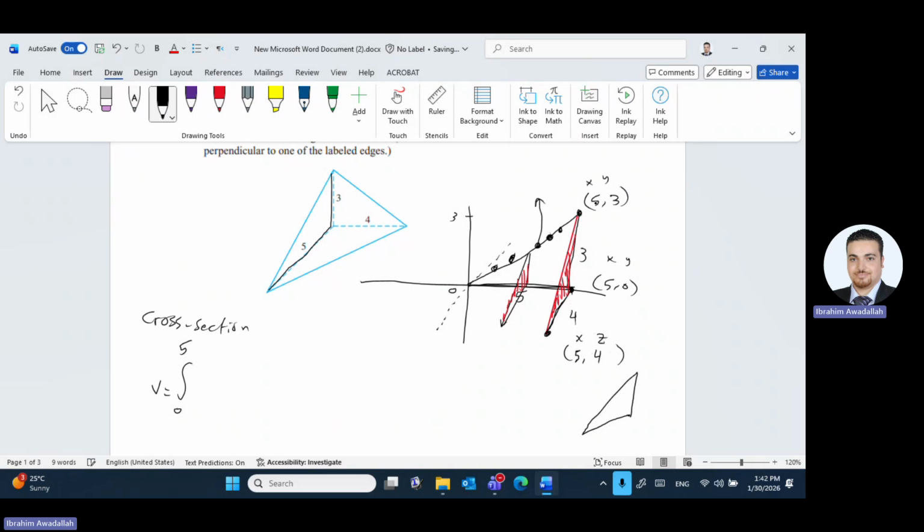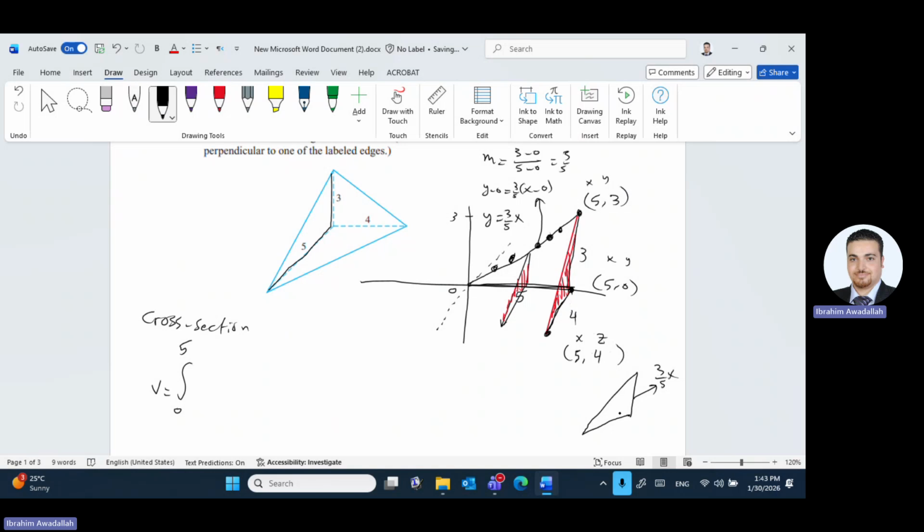How? 5 and 3. That means m equals 3 minus 0 divided by 5 minus 0, which means 3 over 5. So y minus 0 equals 3 over 5, x minus 0. So y equals 3 over 5 x. As you see, the highest here is 3 over 5 x.